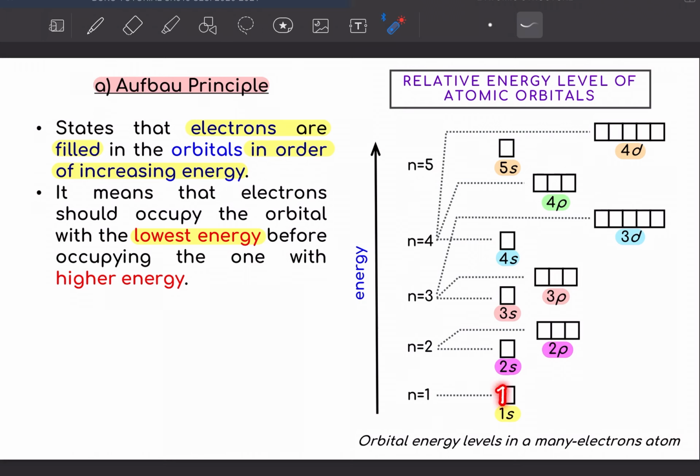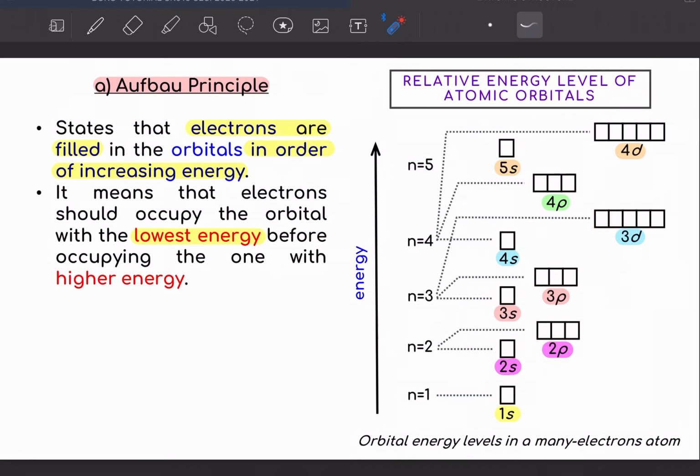So you will fill 2 electrons here, followed by 2s, and then 2p. So there will be 6 electrons here, and then 3s, and then 3p, and 4s, 3d, and so on.